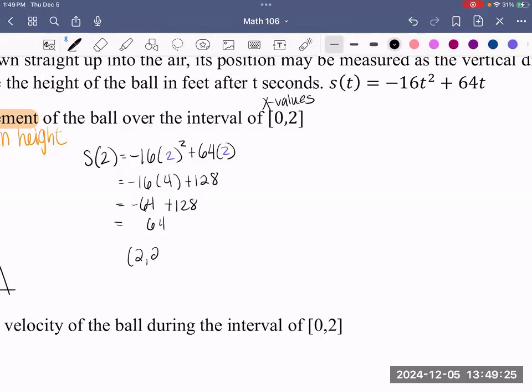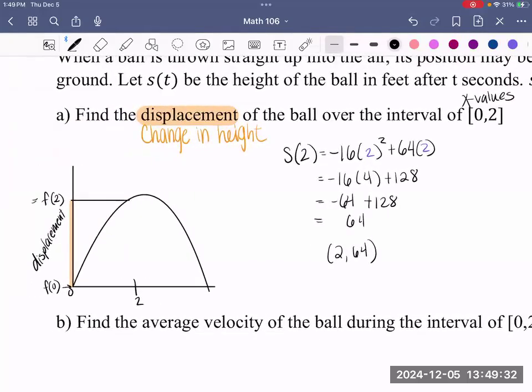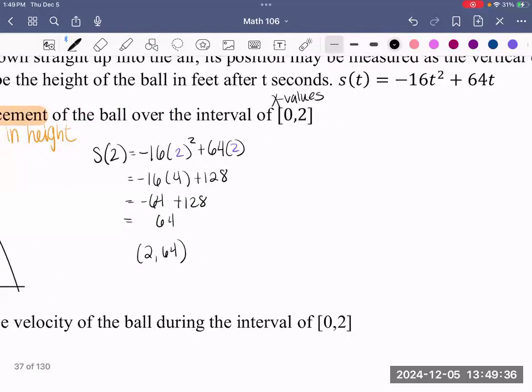So at 2 seconds, we are now at 64 feet. So this is equal to 64 feet. And if we did the same for s of 0, it's much easier to calculate, given that we have taken off from the ground, we're at 0.